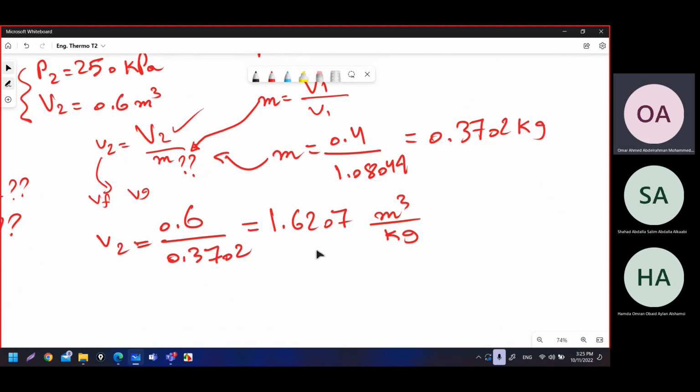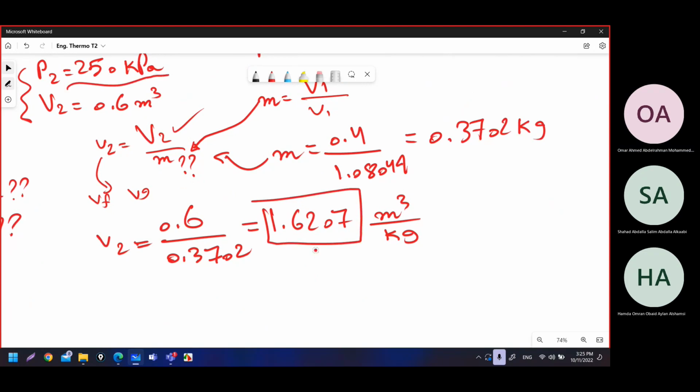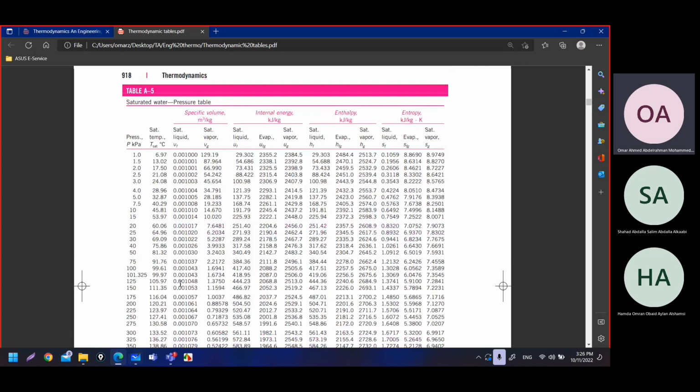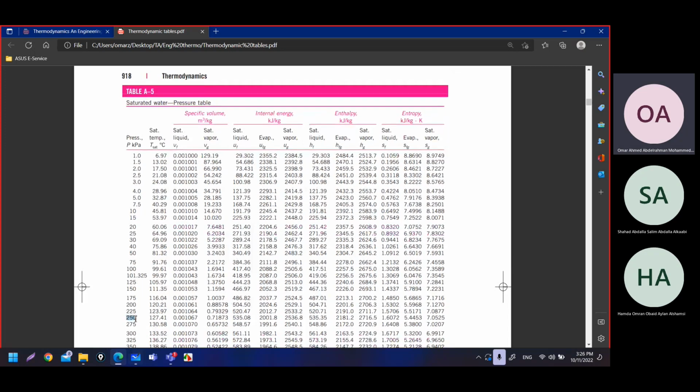I will take this value and go under the pressure 250 kilopascal, table A5, and compare my V2 with VG and VF. So I will go to table A5 at 250 kilopascal and compare my specific volume with VG and VF.